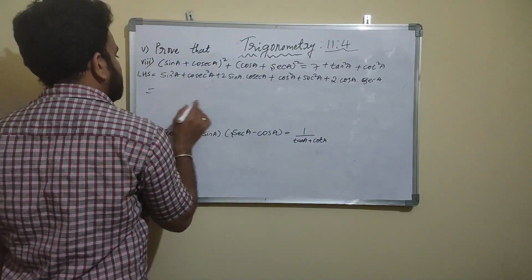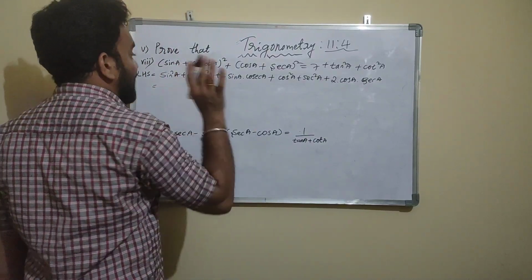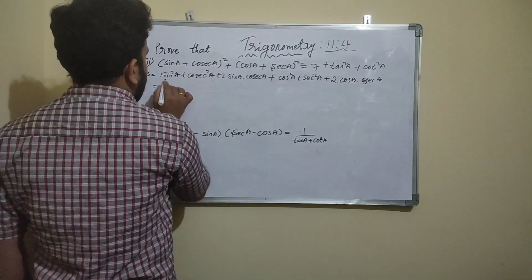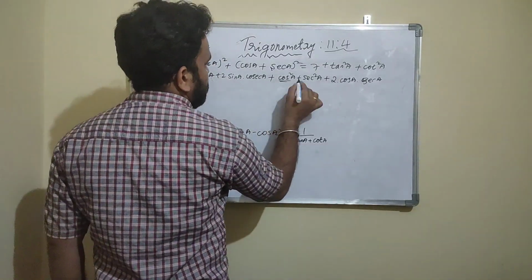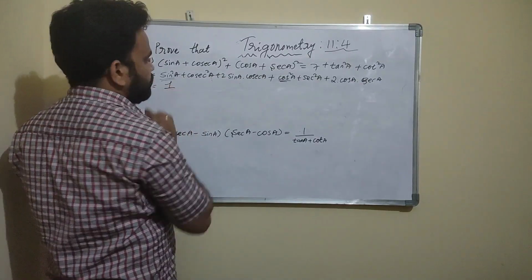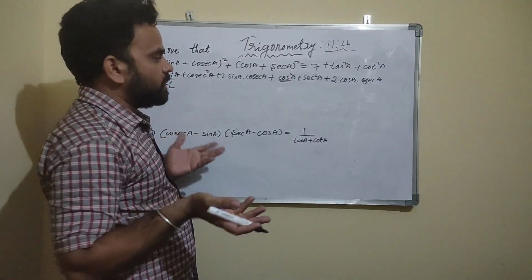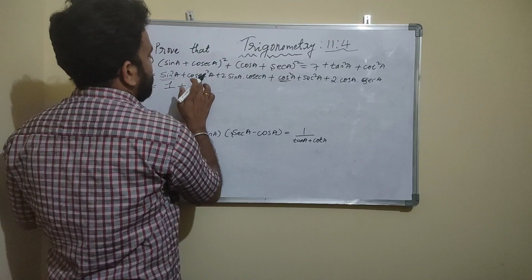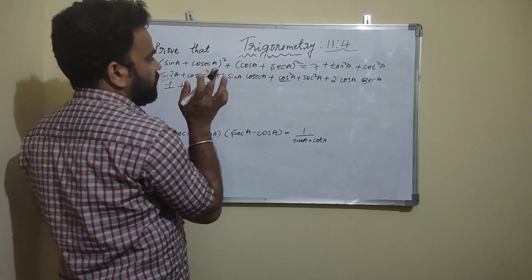Here what we can consider is wherever we get identities, that we need to consider. Here is sin square a, here is cos square a. Directly I am going to write sin square a plus cos square a is 1. So then what we can write? Cosec square a. What is the formula of cosec square a?